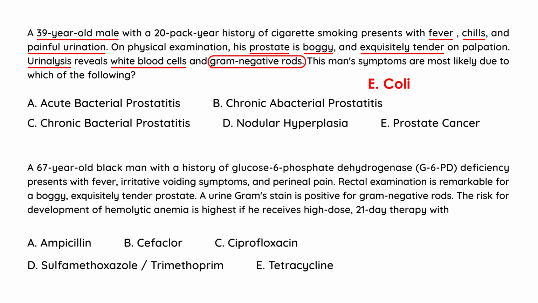This is a very classic vignette that describes prostatitis. Now they've given us some choices here, acute, chronic. Well, if it's gram-negative rods, then it's bacterial, so it's not abacterial. So now we have to choose between acute and chronic. Well, obviously the difference between acute and chronic is the time span. This question doesn't really tell us much about if this is recurring or if this is a one-time acute event.